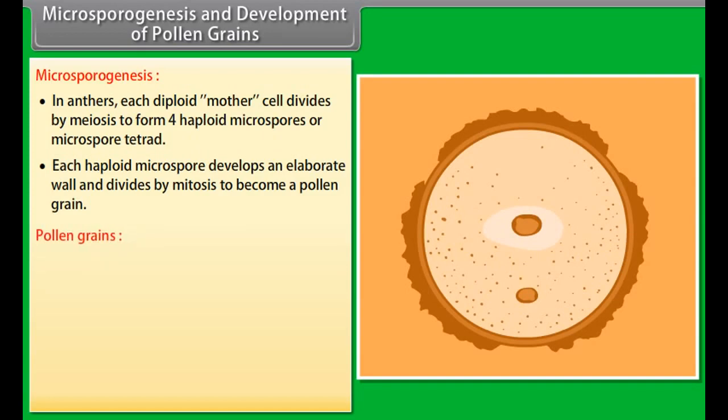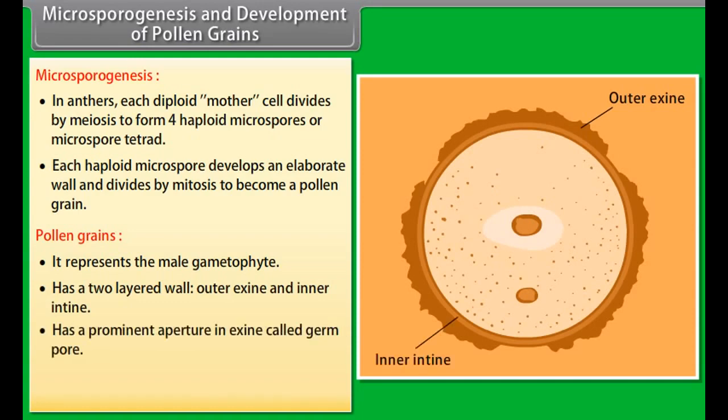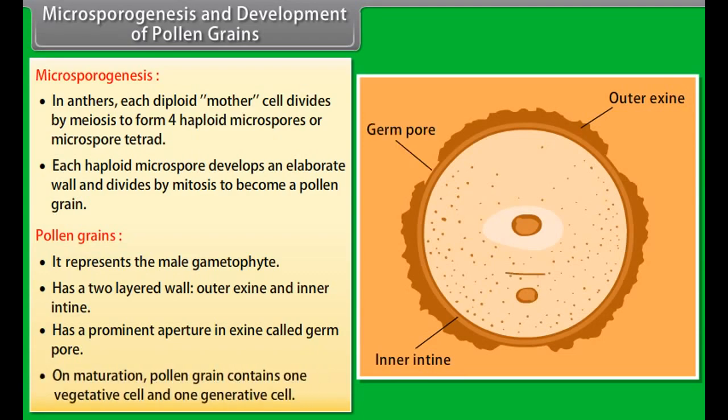Pollen grains represent the male gametophyte. They have a two-layered wall, outer exine and inner intine, and a prominent aperture in the exine called germ pore. On maturation, the pollen grain contains one vegetative cell and one generative cell.